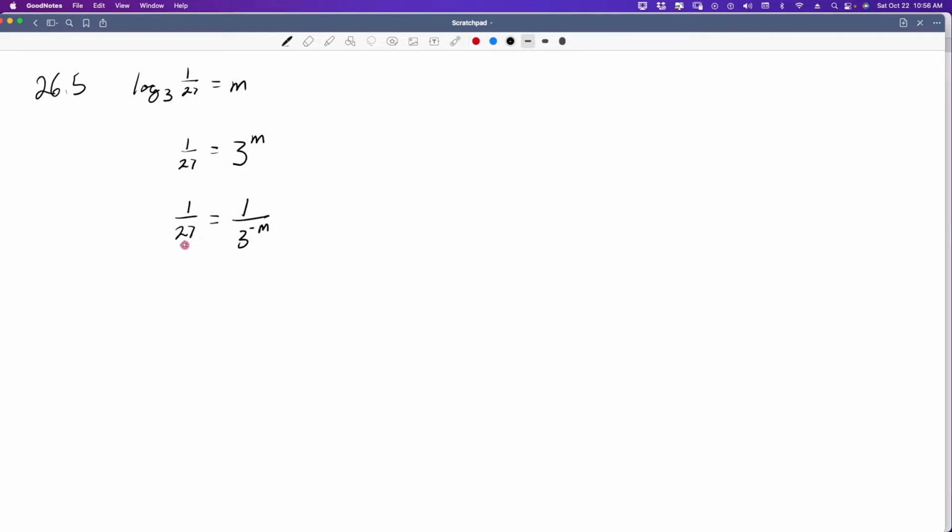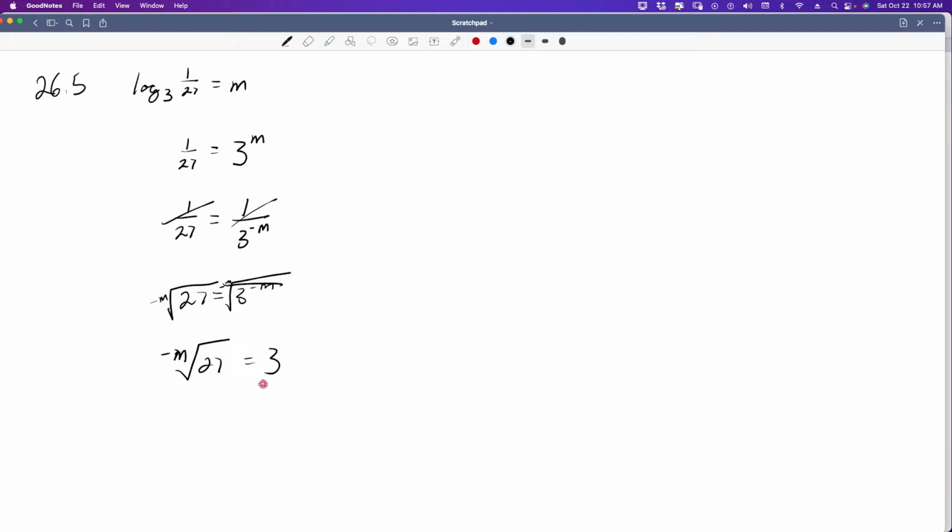So now I can eliminate the 1/, and set 27 equal to 3 to the -m. In order to get rid of the -m, I'm going to do the whole -m thing here and here. This would cancel. So 27 equals 3 to the -m.